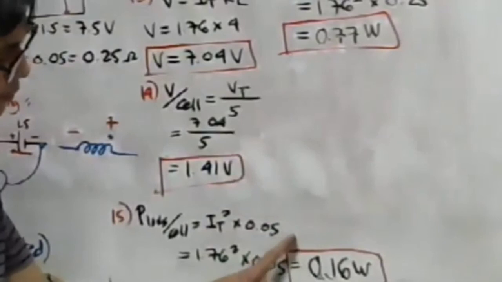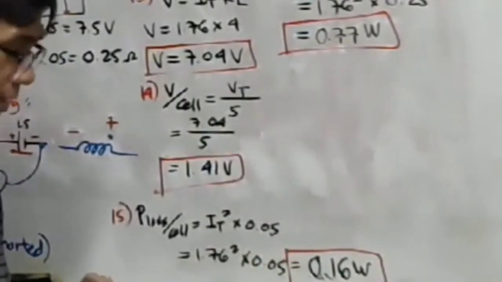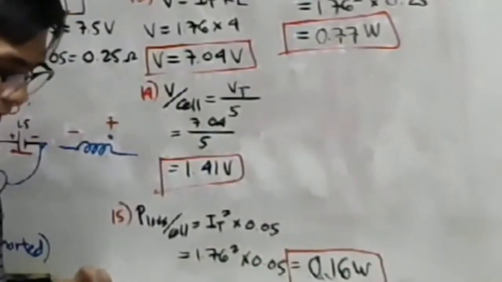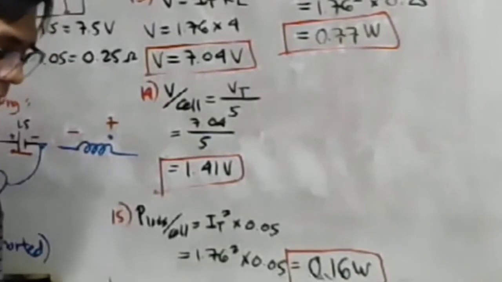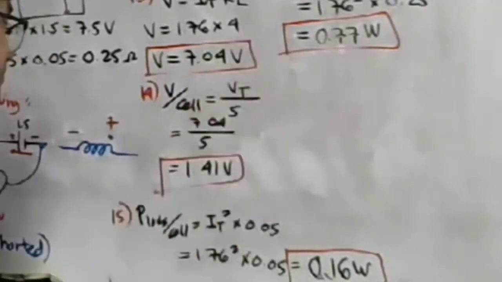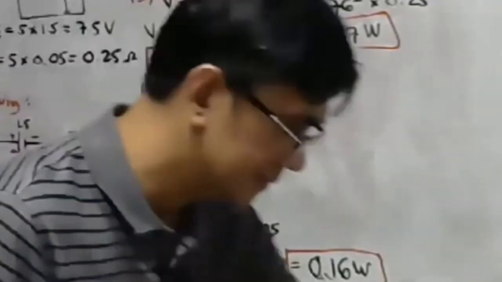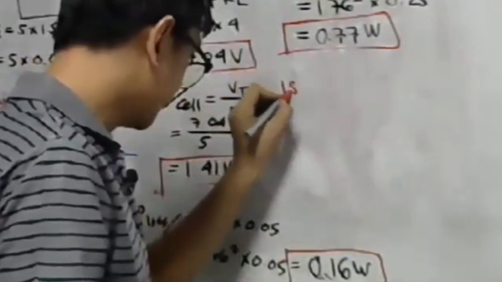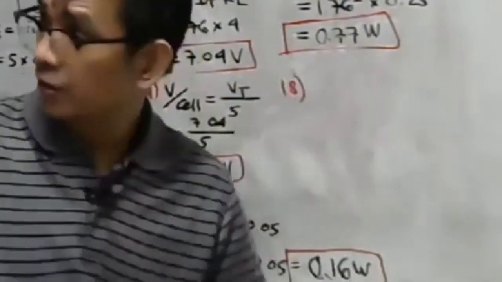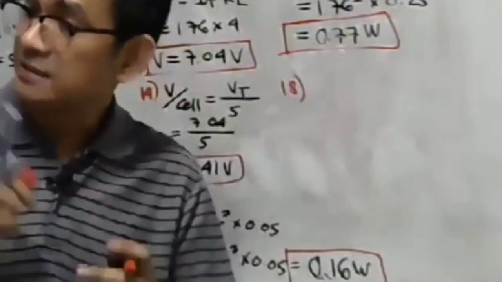Actually, what we did here is you already rounded it off to two decimal places, so it is approximately equal. But what is the easiest formula to solve our efficiency?